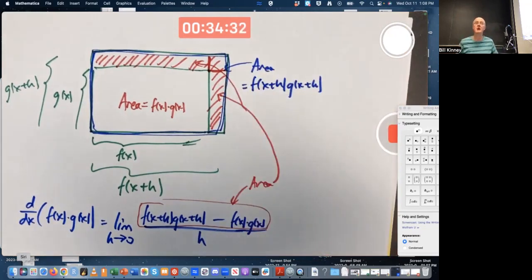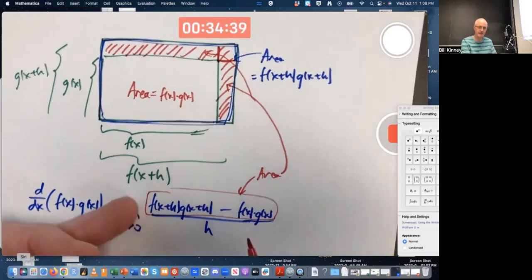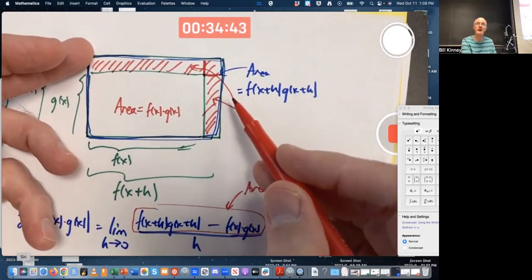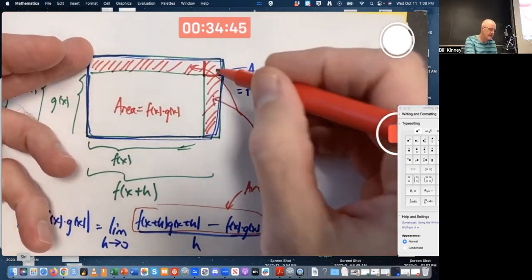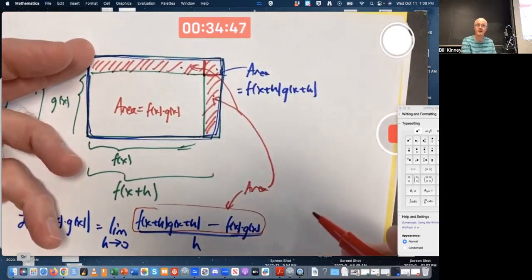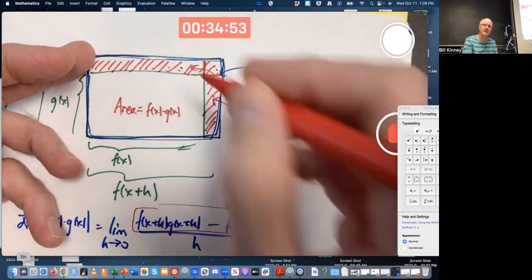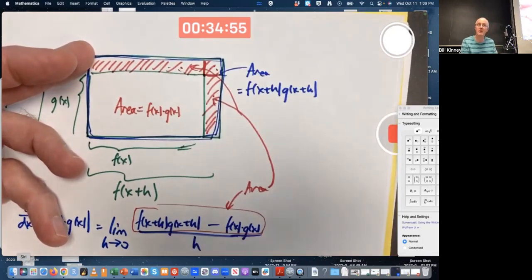That's a common problem-solving strategy in lots of areas in math, to think about something in a different way. That's what I'm doing. I'm about to think of this difference, which is this red shaded area, in a new way as the sum of these three areas. Now, that sounds worse because there are three areas, but they are all areas of rectangles instead of an L shape. So maybe that's better.